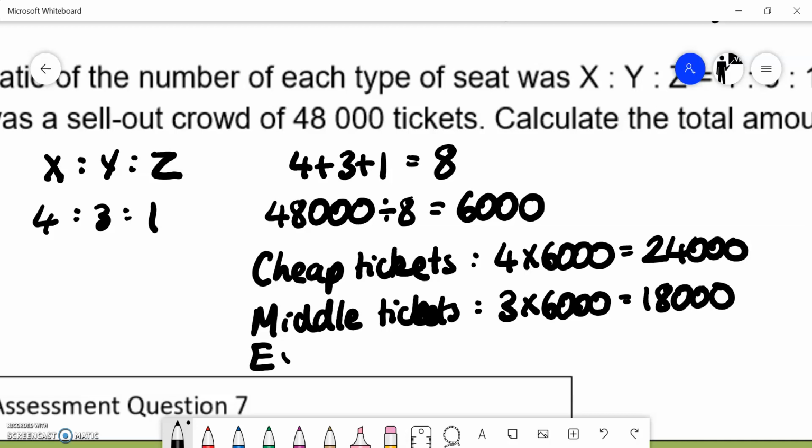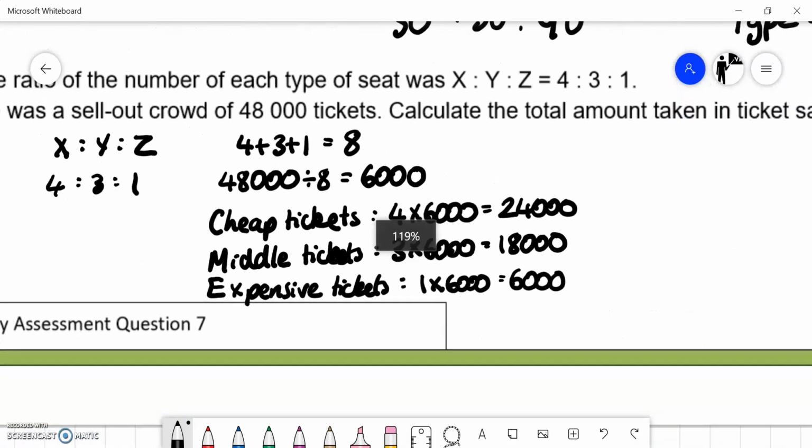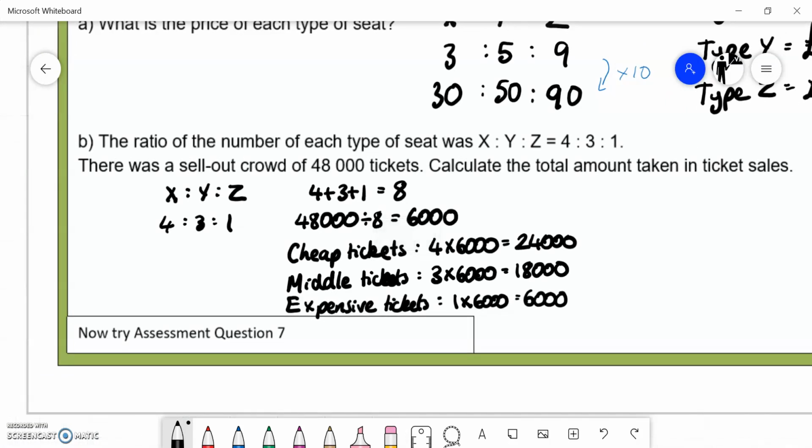And for the expensive tickets, there was 1 lot of 6,000, which is 6,000 tickets. Okay, so altogether that's 48,000 tickets. So that's how many cheap tickets, middle tickets, and expensive tickets there are.